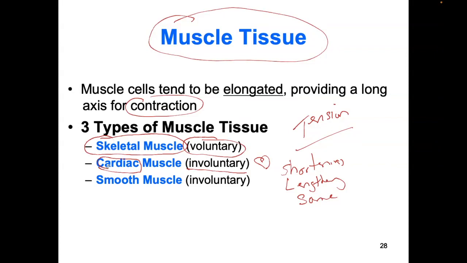There's a difference. Smooth muscle is also involuntary, and smooth muscle is found around your blood vessels and it's found around many organs. Okay. The other thing I wanted to point out is that skeletal muscle and cardiac muscle, these two, are referred to as striated.